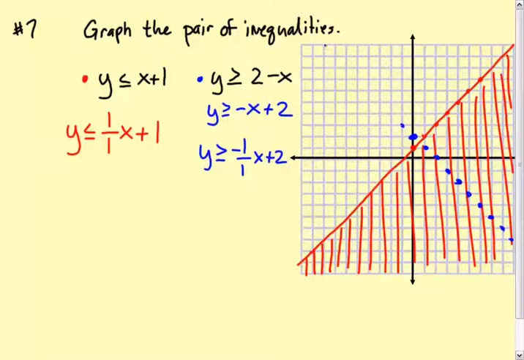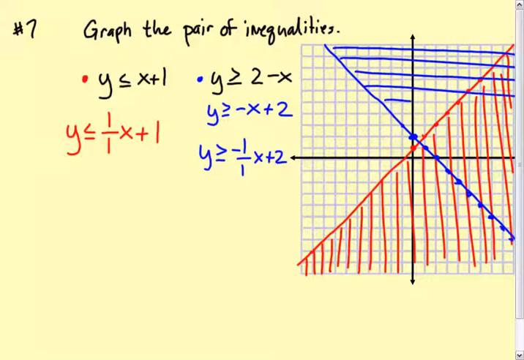Let me see if I can draw a relatively straight line. Pretty good. And remember, it cuts the y-axis into the big part up here and the small part down here, and it says y is greater than. So I want to shade on the blue side of the line, okay? So I'm shading on the blue side over here.